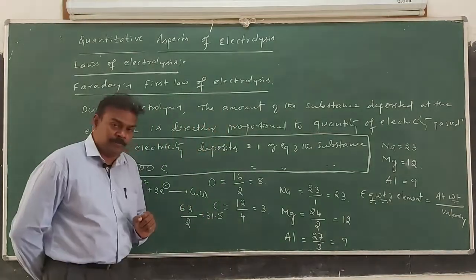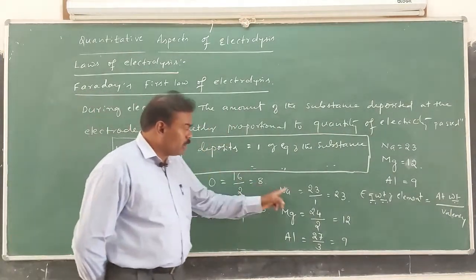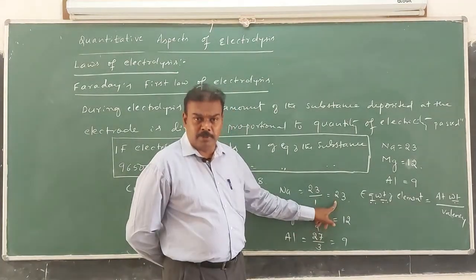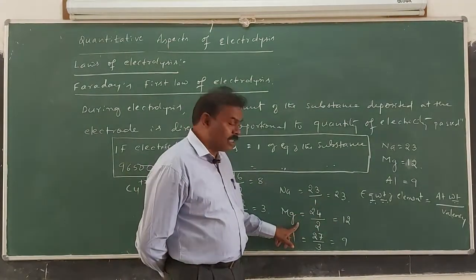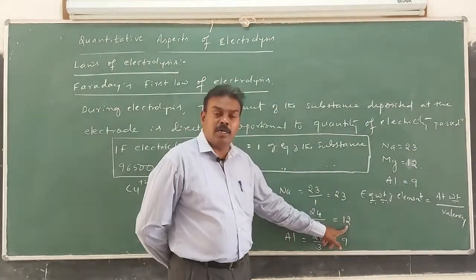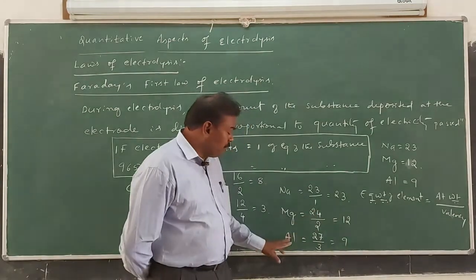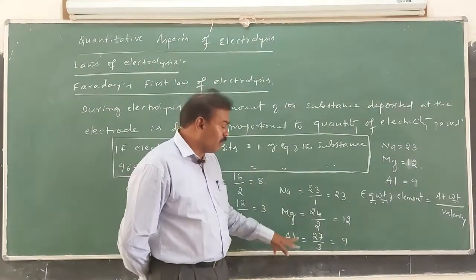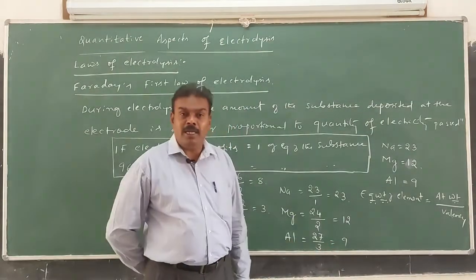So in this way, if you pass 1 Faraday of electricity, 23 gram of sodium is deposited. If you pass 1 Faraday of electricity through a magnesium electrolytic solution, 12 gram of magnesium is deposited. If the same 1 Faraday is passed through an electrolytic solution of aluminum, 9 gram of aluminum will be deposited.